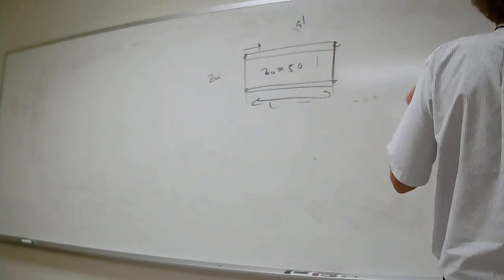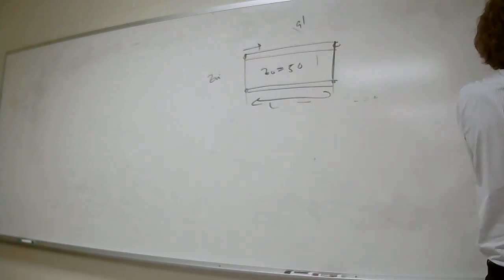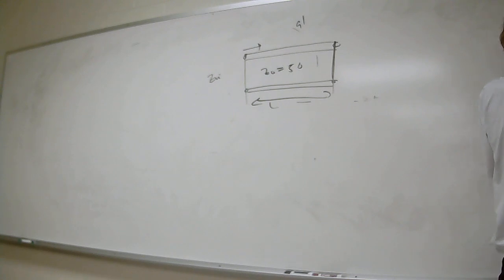Two ways to do it. One is this. We know that Z in, and we can do it with the Smith chart in a second, is Z naught times Z load plus J Z naught times the tangent of beta L, over Z naught plus J Z L tangent of beta L. That's one way. Over here we have a Smith chart, and I'm just drawing a crude drawing of this.